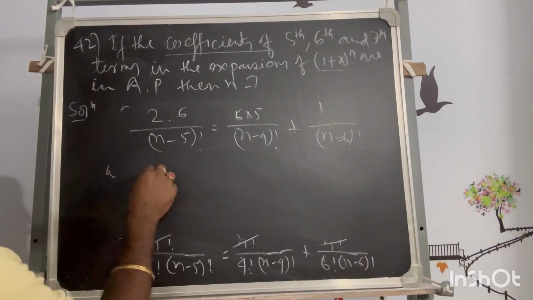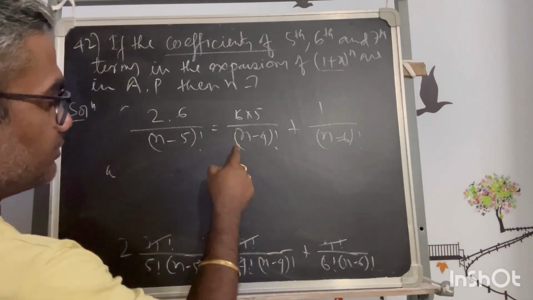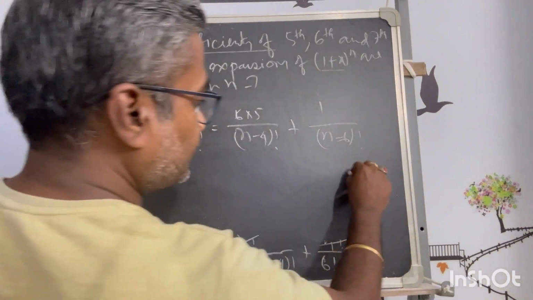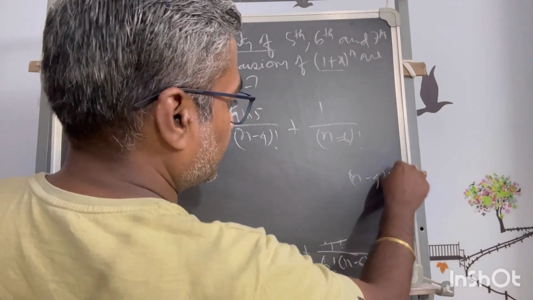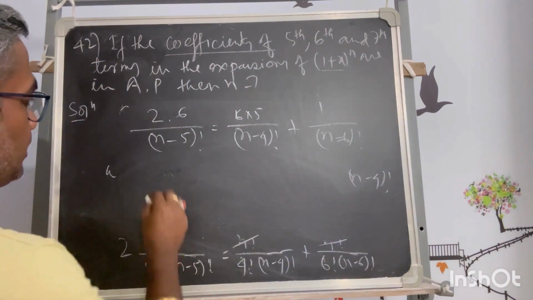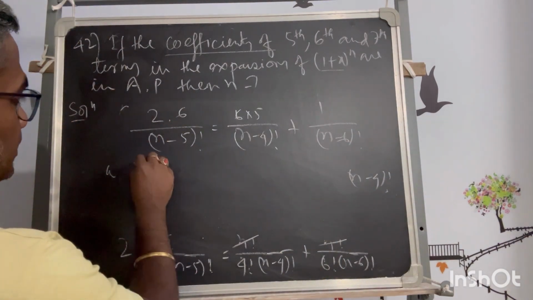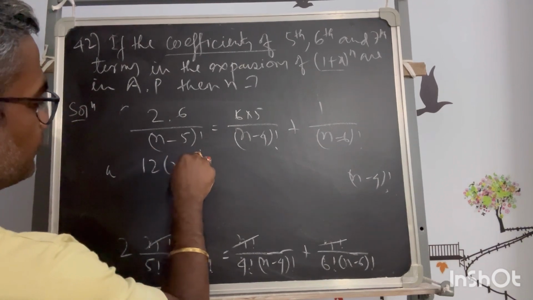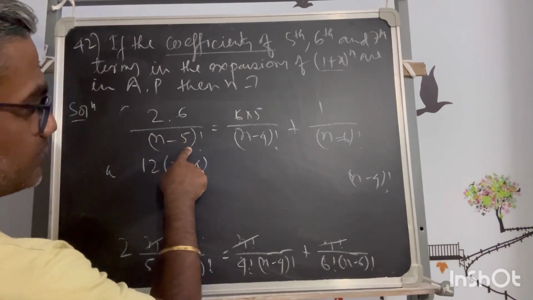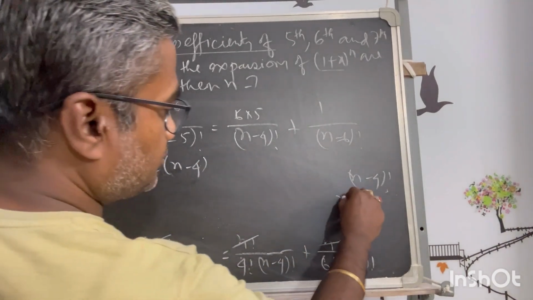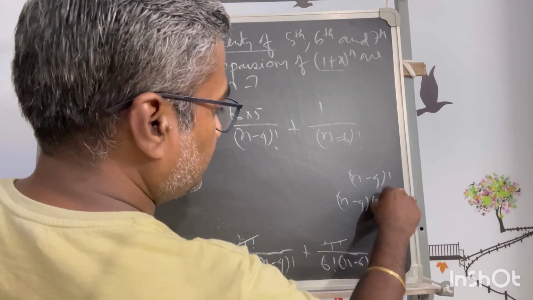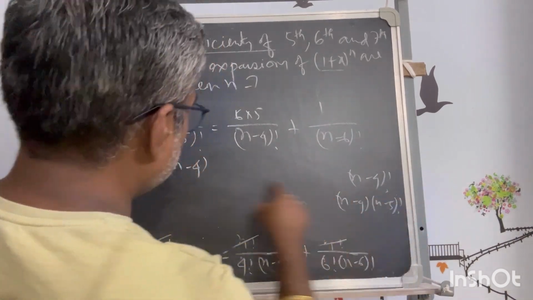In the next step, what will I do? I will multiply with the maximum of this. The maximum is n minus 4 factorial. If I multiply all this by n minus 4 factorial, so 12 into n minus 4 will be there at the top. n minus 5 next to this term, because n minus 4 into n minus 5 will give you n minus 5 factorial.